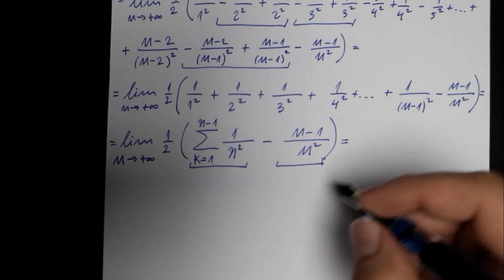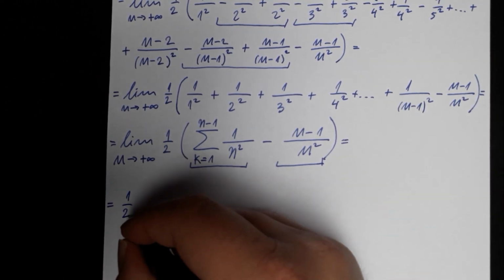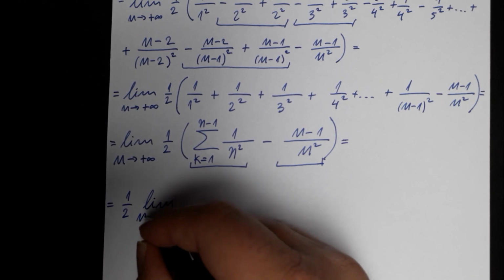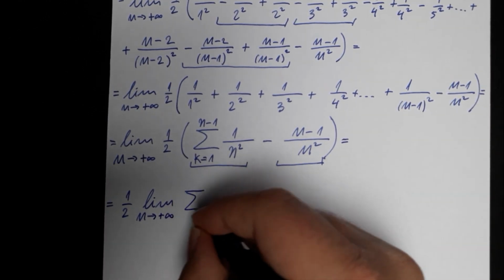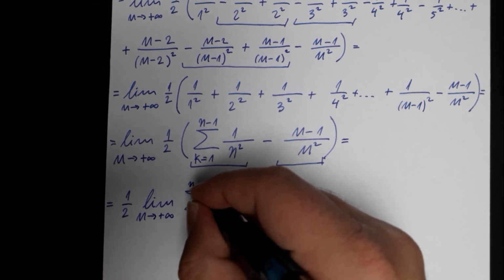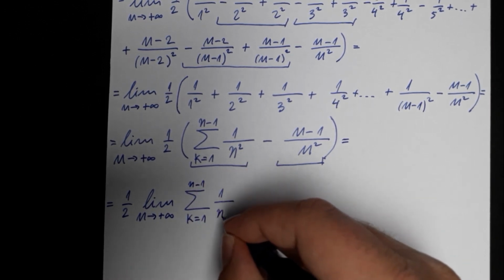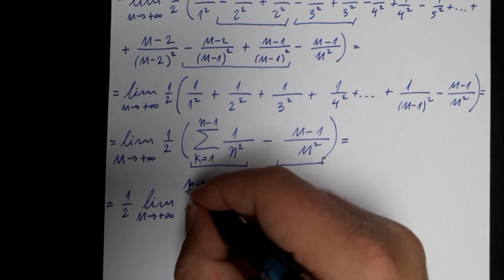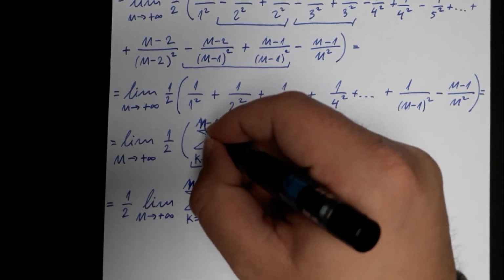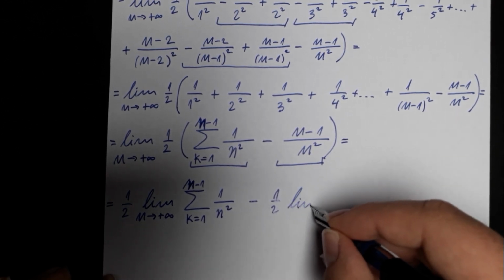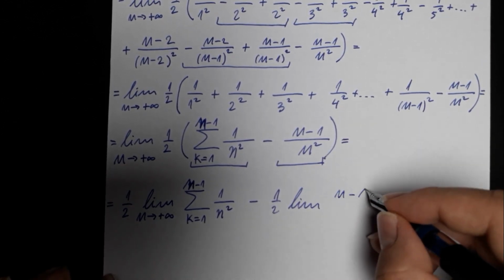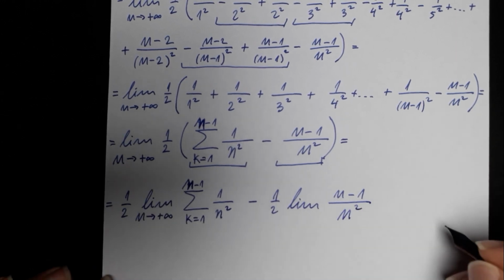So this is then equal to 1/2 the limit when m approaches infinity from the positive side of the sum k goes from 1 to m minus 1, 1 divided by k squared, and of course minus 1/2 the limit of m minus 1 divided by m squared.